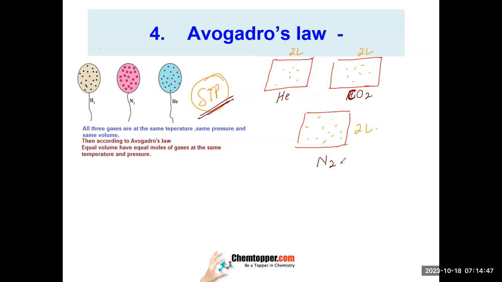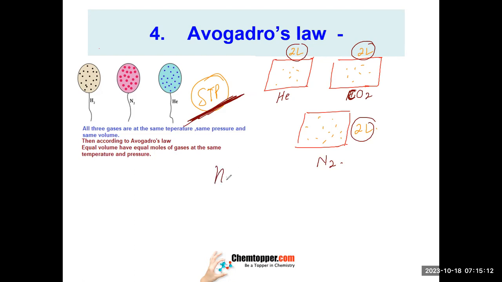Okay. So now Vivan is going to help us in understanding why CO2 is heaviest. So CO2 is the right answer. But why is it heaviest? Because equal volumes at the same temperature and pressure have equal moles.